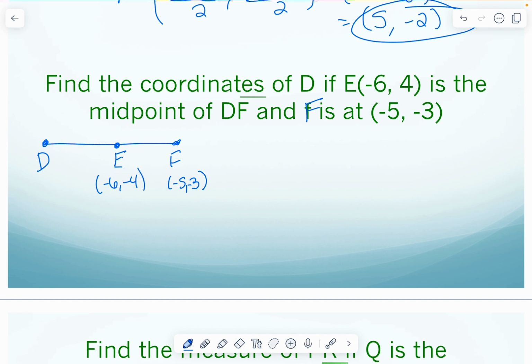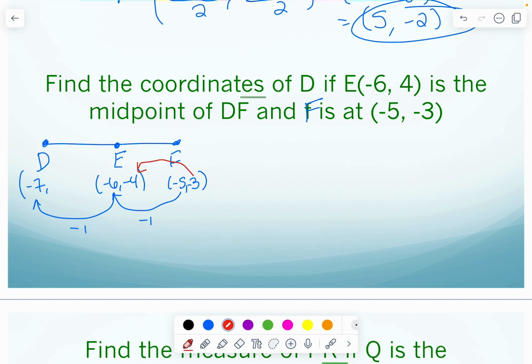Now there's a couple of ways I can do this. If I'm traveling from -5 to -6, I would just have to travel the same distance to point D. So if I were doing that, -5 to -6, I'm subtracting 1. I would subtract 1 again. That brings me to -7. Same thing if I were finding the coordinates of the y value to go from -3 to +4.